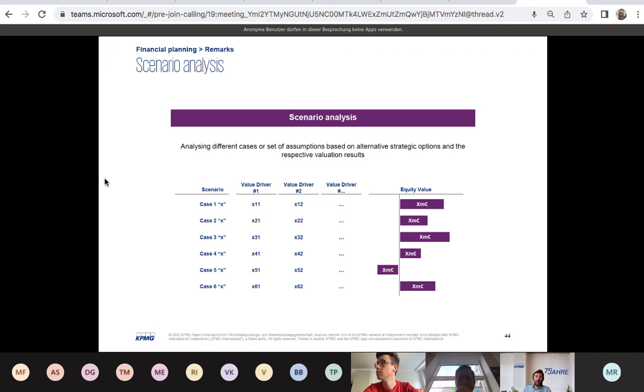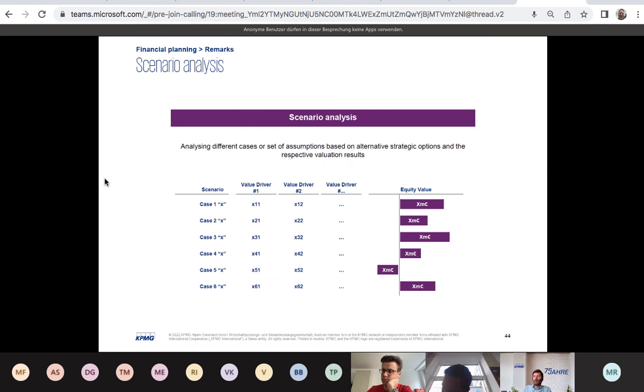So you could really play with the assumptions and develop different scenarios, and you could then also put different weights to the scenarios. For example, you could have a base scenario, and you say, I give it a weight of 60%, and then 20% each to the downward and to the upward scenario.